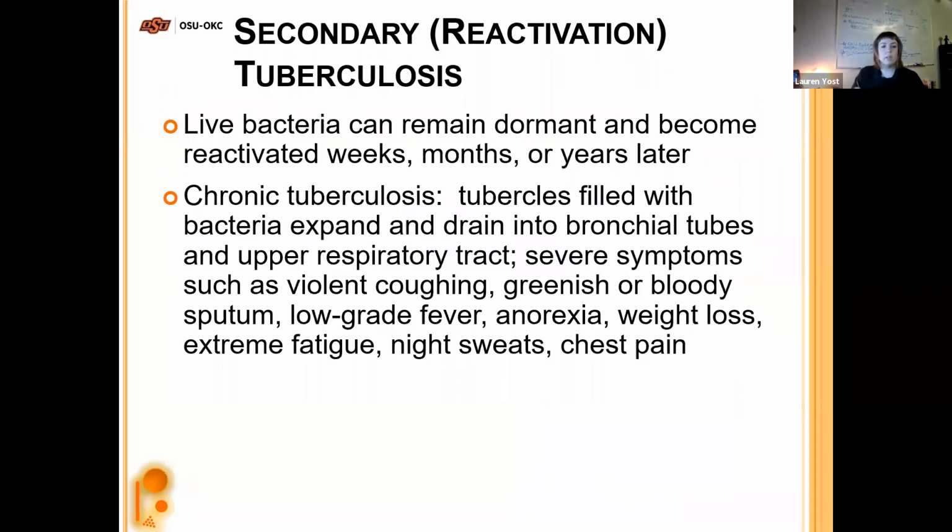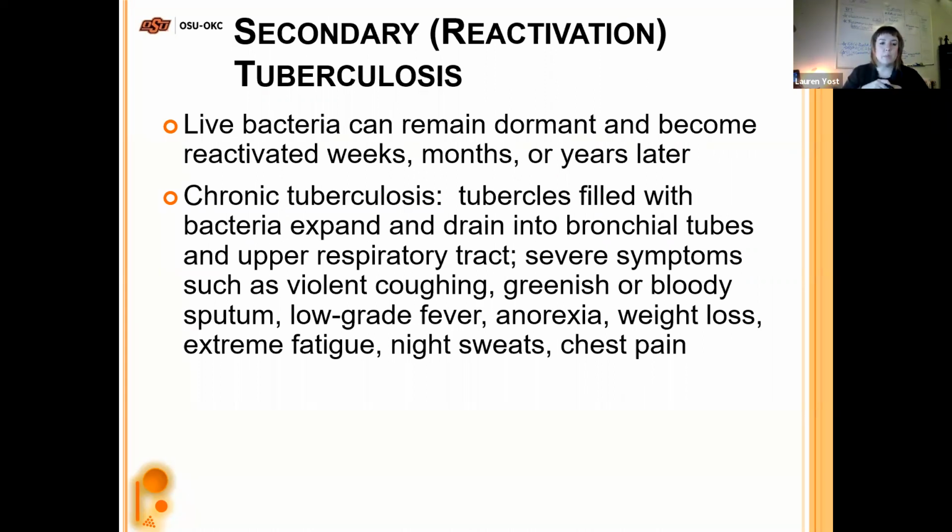That's how that works. So we can have this thing develop called secondary or reactivation tuberculosis. Live bacteria can remain dormant and become reactivated weeks, months, or even years later whenever you have maybe a little bit of a dip in your immune system. Okay, so that chronic tuberculosis, we have the tubercles filled with bacteria that expand and drain into bronchial tubes in the upper respiratory tract.